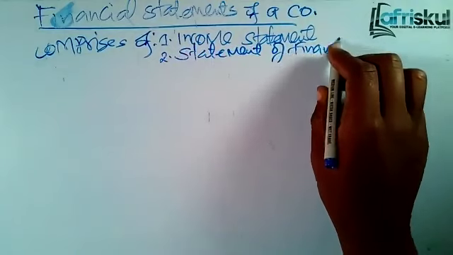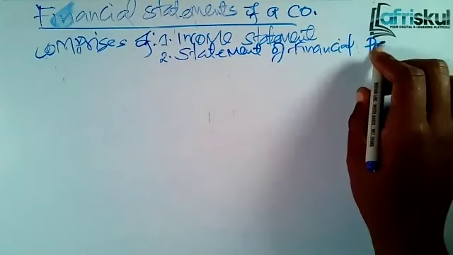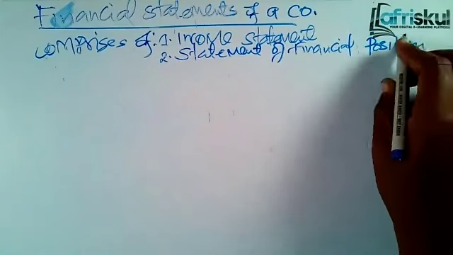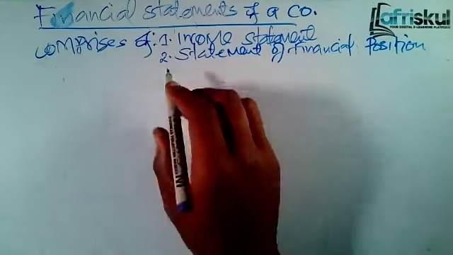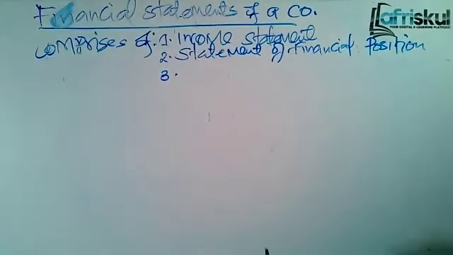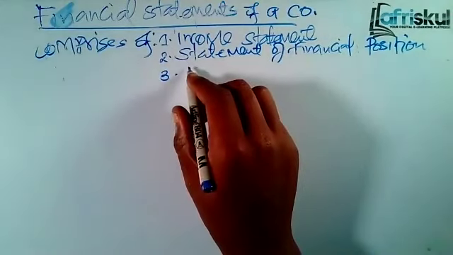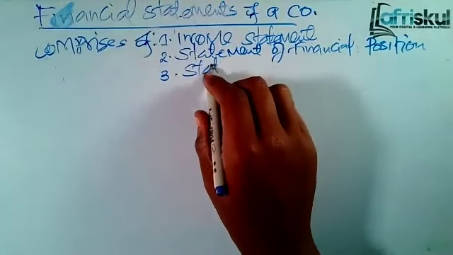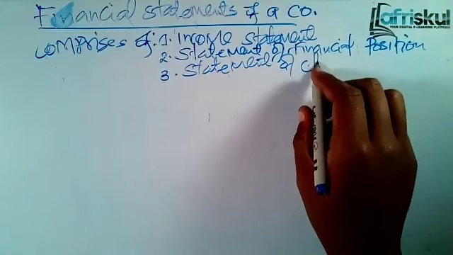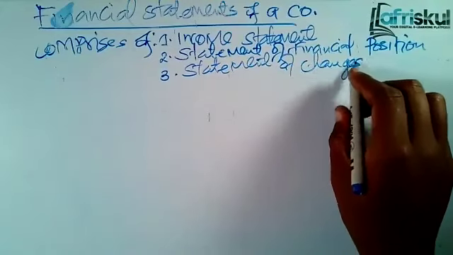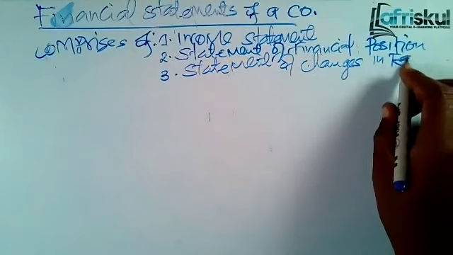Number two, we also have the statement of financial position, which will be showing the position of that company. Number three, we also have the statement of changes in equity.